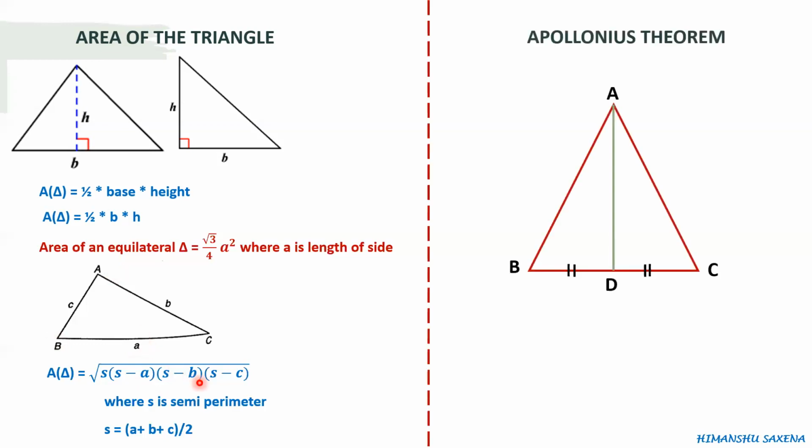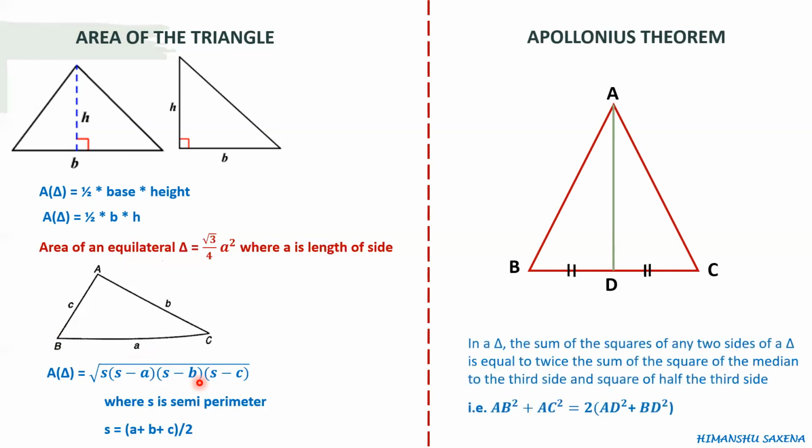Now there is another theorem called Apollonius theorem. What does Apollonius theorem say? That in a triangle, the sum of the squares of any two sides is equal to twice the sum of the square of the median to the third side and the square of half the third side, right? So AB square plus AC square, the sum of the squares of any two sides, is equal to twice the sum of this median, which is dropped on the third side, so twice of AD square plus BD square.